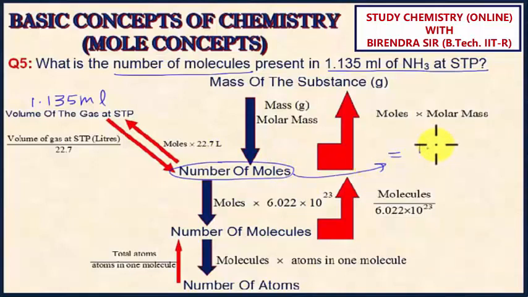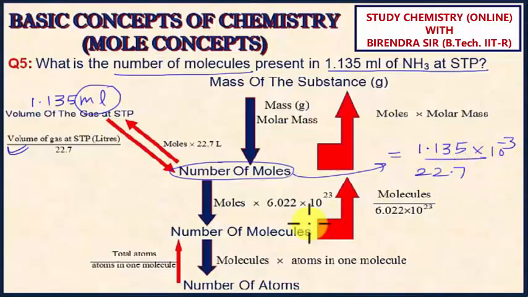The number of moles can be found by using the formula volume of gas at STP upon 22.7. But take care of this unit. Here it is ml, while the unit here must be liter. So I'll multiply by 10 raised to minus 3. So this is the number of moles. Now how will you convert number of moles into number of molecules? By multiplying by the Avogadro number.